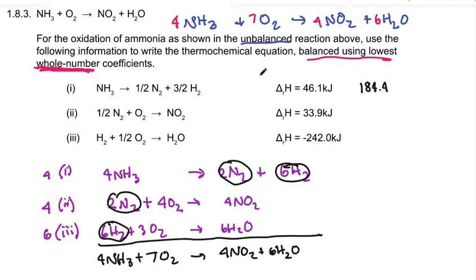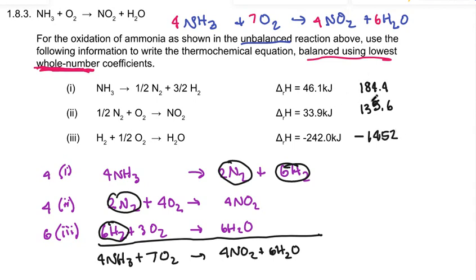We did 4 times reaction 2, so we do 33.9 times 4. 135.6. And we did 6 times reaction 3, so negative 242 times 6, calculators are hard, is minus 1,452.